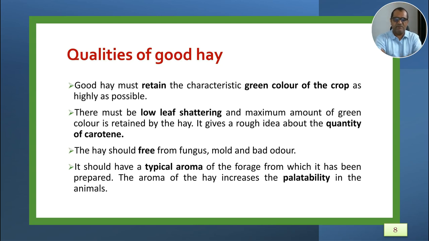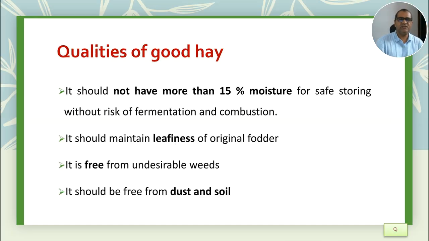And whatever the method by which the forage has been prepared, the aroma of the hay increases the palatability for the animals. And as we have seen, the buffaloes are usually reluctant to accept any unpalatable thing, and the Jersey or HF cattle can accept whatever things are offered by us. So this is another important thing. The typical aroma should be there, the original aroma.